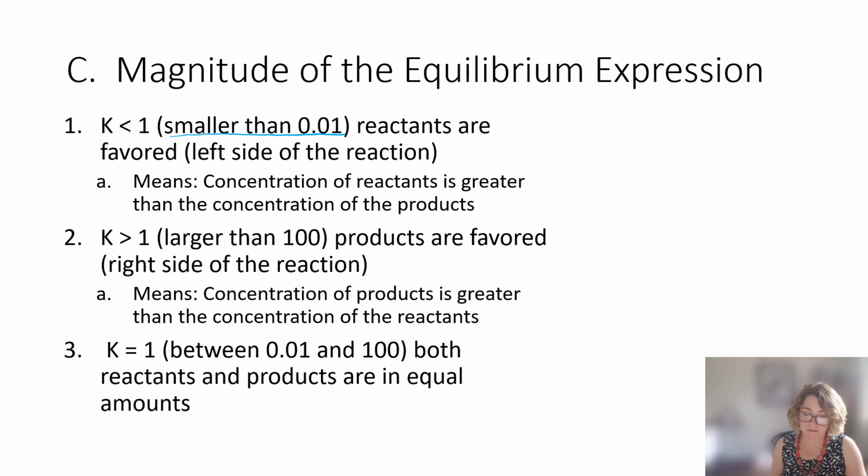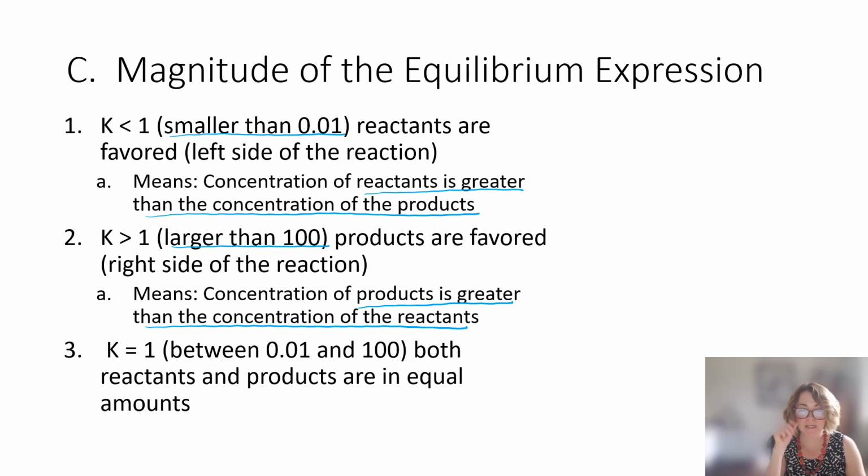What this means is that the concentration of your reactants is greater than the concentration of your products. If K is larger than 1, and generally we're talking larger than 100, then this means that the products are favored, which means that the equilibrium lies towards the right side of the reaction. What this means is that the concentration of your products is greater than the concentration of the reactants.